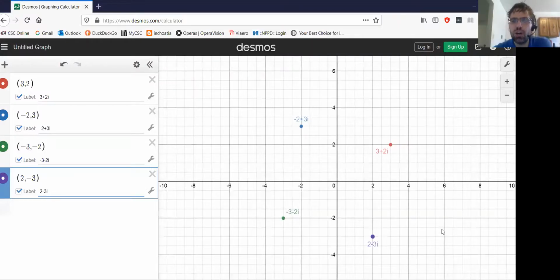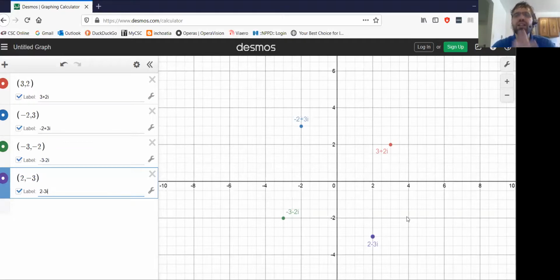So we start in the first quadrant, we rotate by 90 degrees and wind up in the second quadrant, rotate and wind up in the third quadrant, rotate again, wind up in the fourth quadrant, rotate again, wind up back where you started.